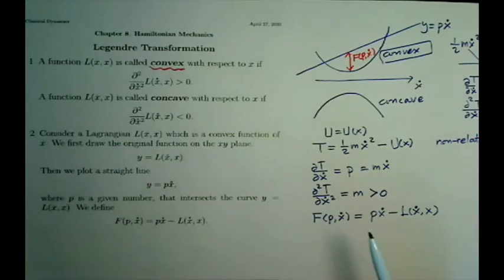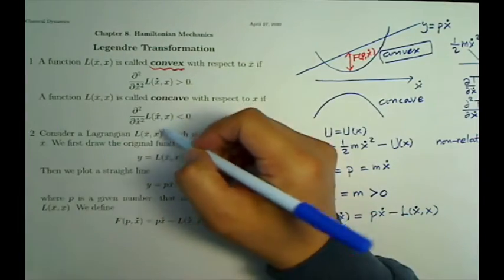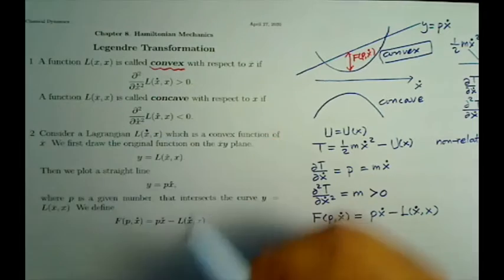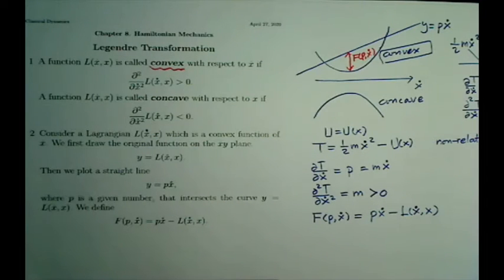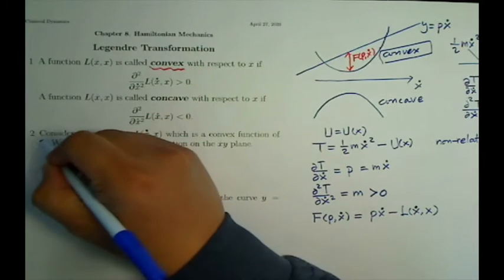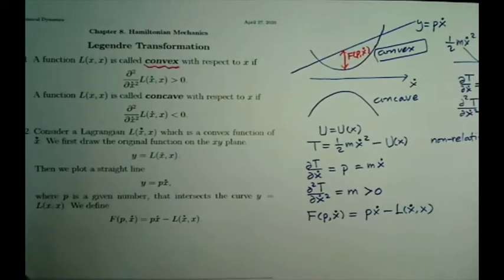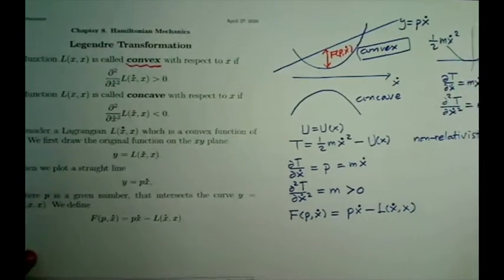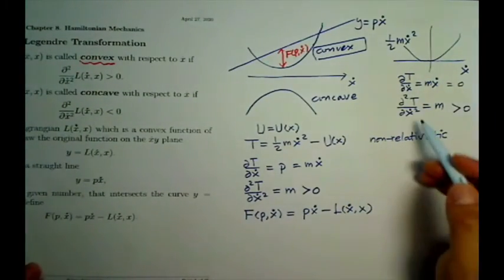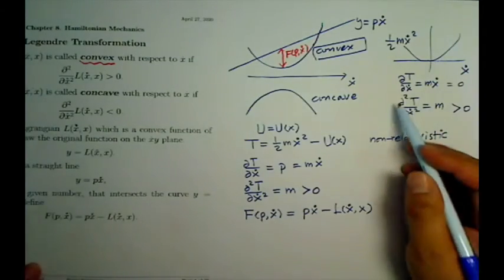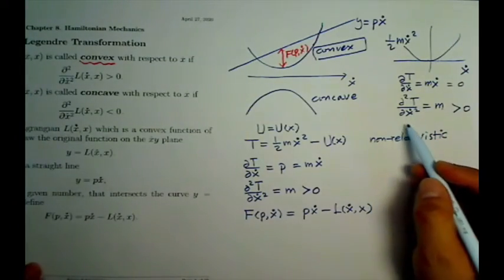Next, we consider a Lagrangian, which is a function of velocity and the coordinate. It's a convex function of x dot, right? Our non-relativistic Lagrangian is a convex function, because we are considering a velocity independent case.